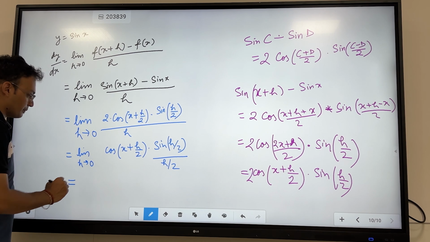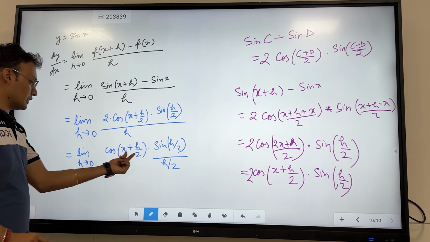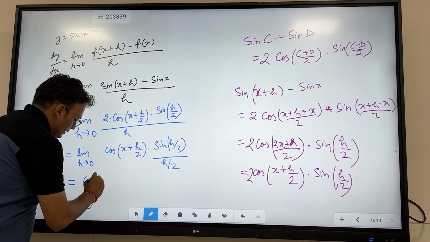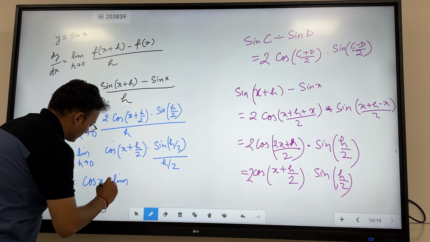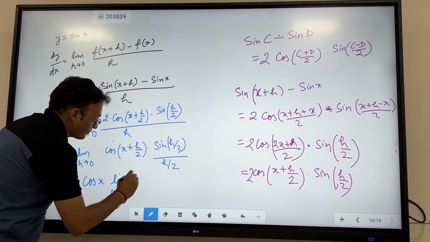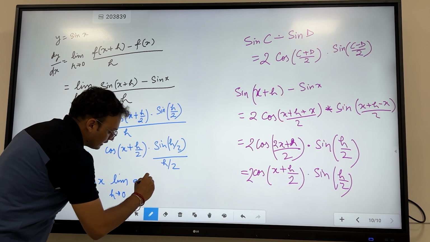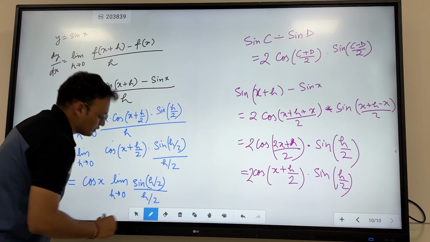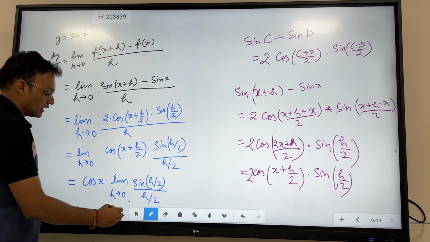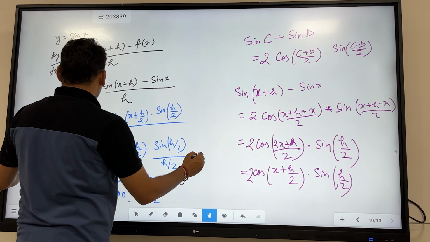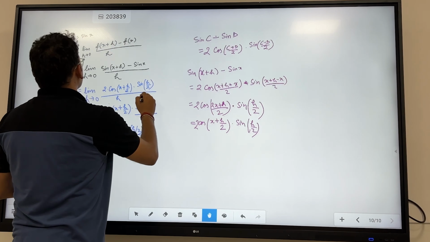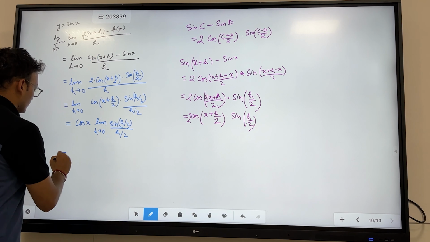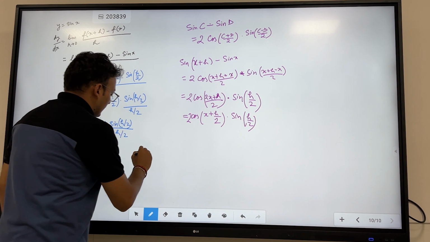And if you put h as 0, this will become cos x, and the other part will become the limit of sin of h by 2 divided by h by 2, which is nothing but 1.